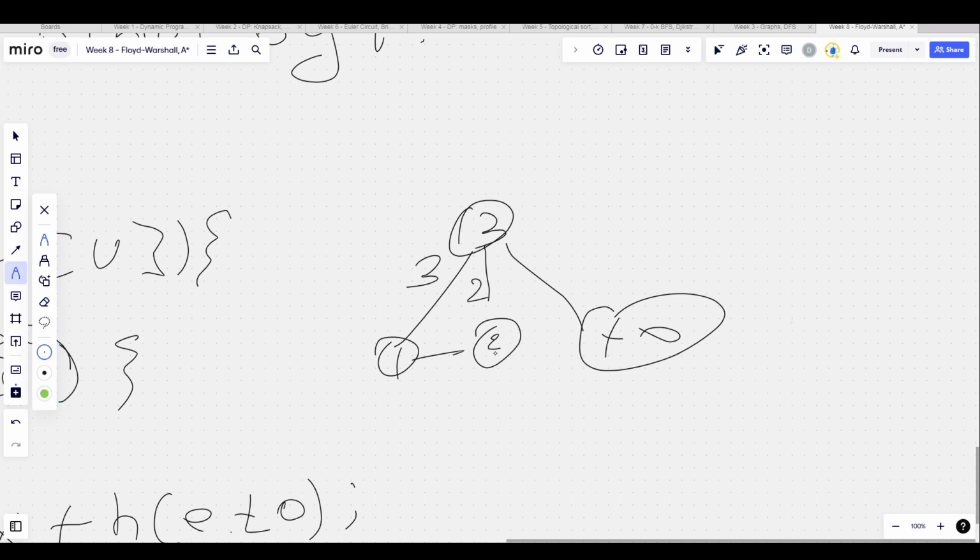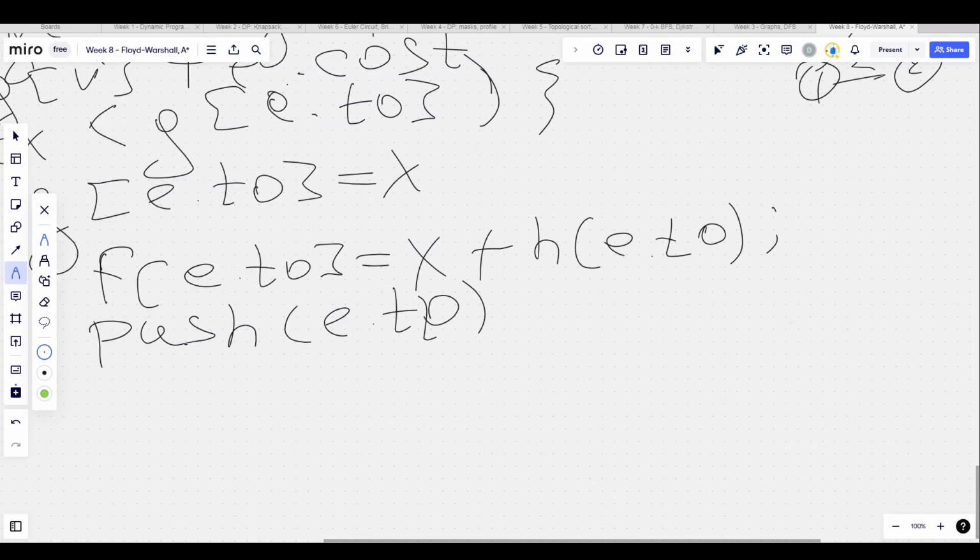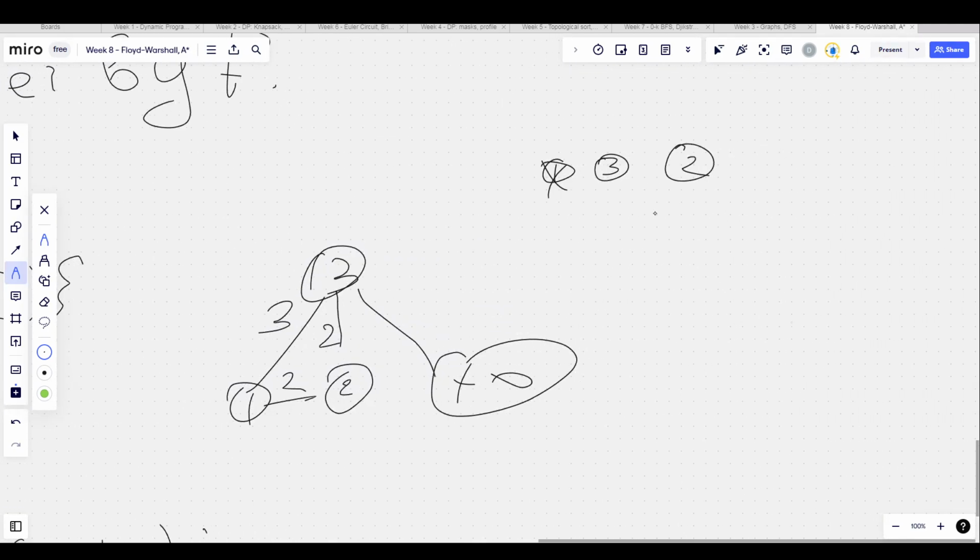Then we push this vertex, and we delete this vertex from our queue. 1, 3, 2, we delete this vertex, and then we consider these vertices, and we updated 3. Then we want to update this vertex, but in this case we just push a new vertex 2, but these vertices are the same.